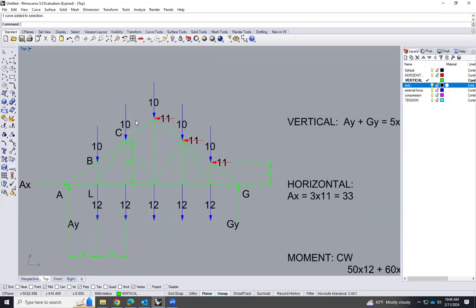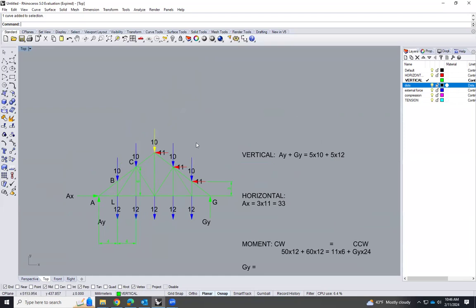What does it mean? Well, it means that all these forces are the same and they are symmetrical. So the effect of these forces is like a big force, and the value of this one is 50.